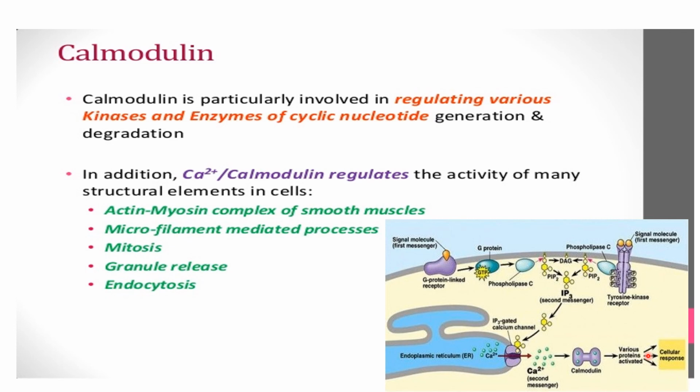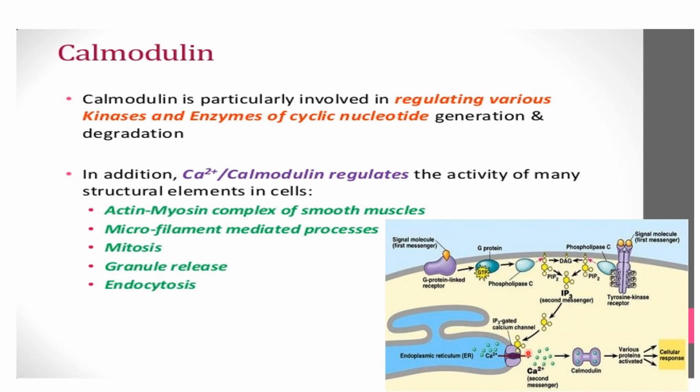So phospholipase C, whenever it is activated by any signal transduction mode, by G proteins or by tyrosine kinase, which is the other type of signaling with a different receptor that will be discussed later, the main action will be the release of calcium ions from the endoplasmic reticulum with the help of IP3.